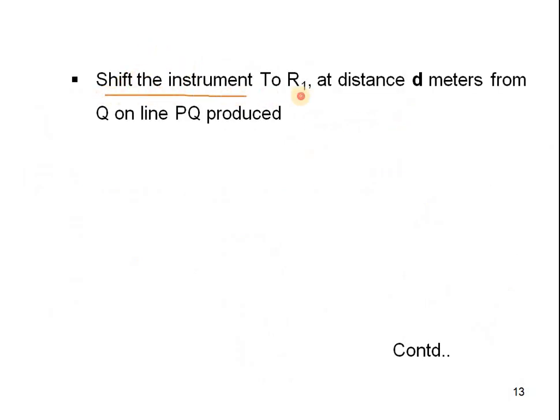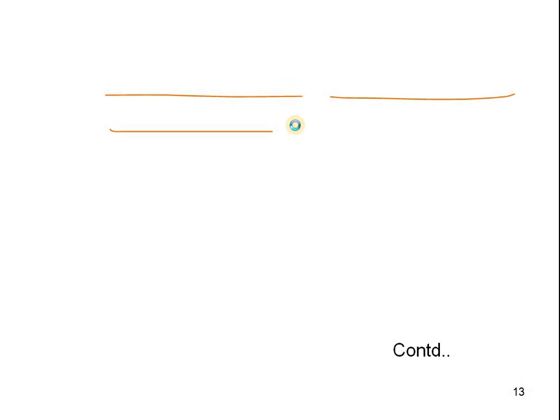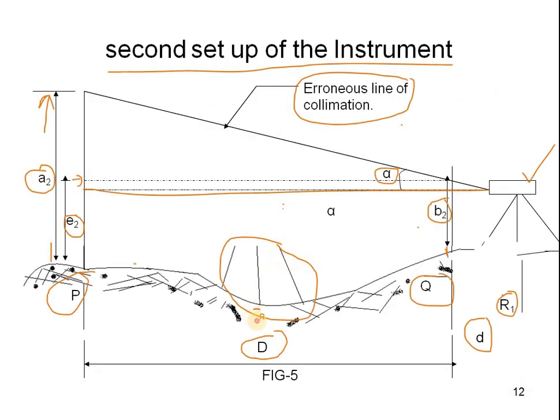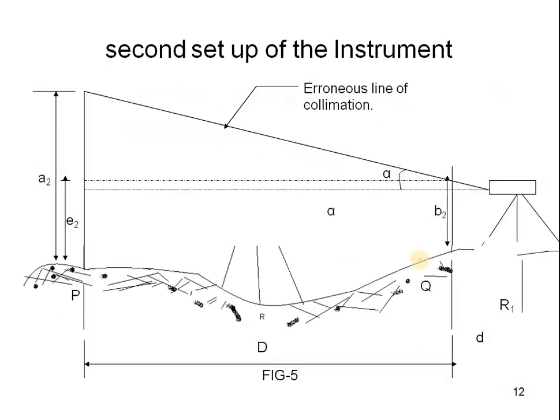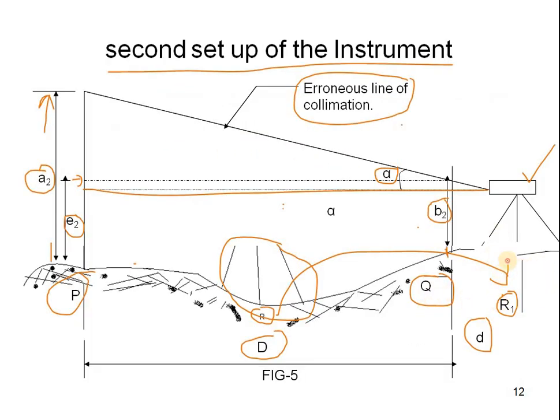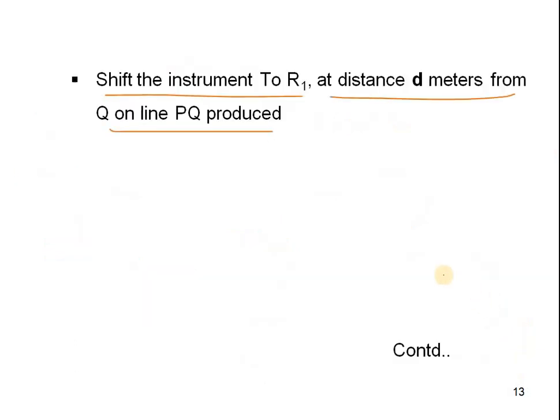Here, shift the instrument to R1 at a distance d meters from Q on line PQ produced. So shift the instrument from R to R1, at a distance d meters from Q on line PQ produced. The small d is the distance from the center of the instrument, so the total is capital D plus small d.